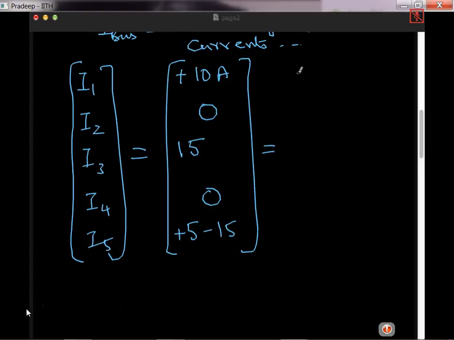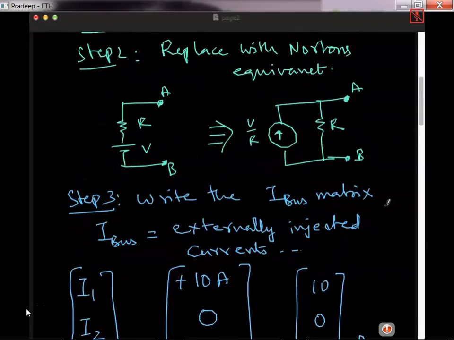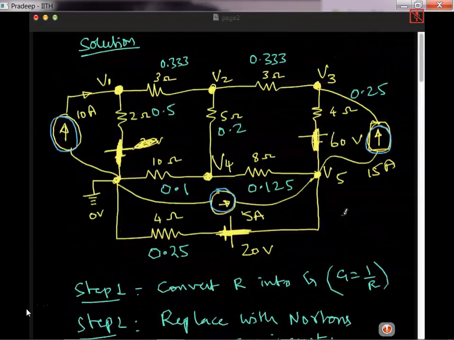So that is equal to 10, 0, 15, 0, minus 10 amperes. So this is my I bus. So externally injected bus currents is this one. So any doubts up to here? I replaced the voltage source with current, and then any doubts up to here?